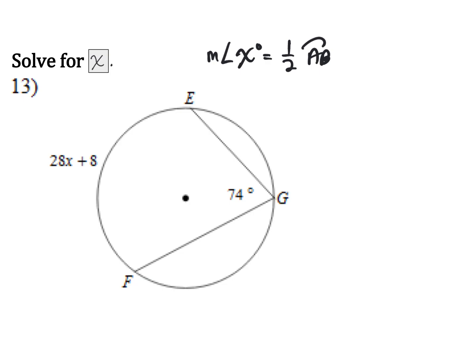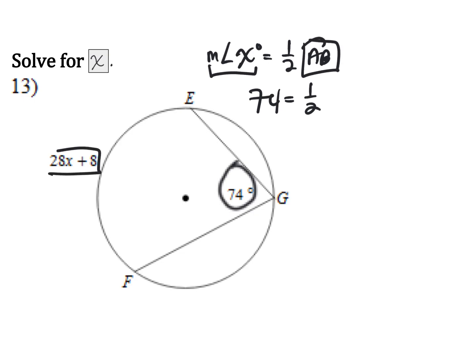Now, we're going to be doing the same thing. This measurement of angle X squared is going to be representing 74. We have 1/2, and this arc AB represents this one. So that's going to give you 28x plus 8.